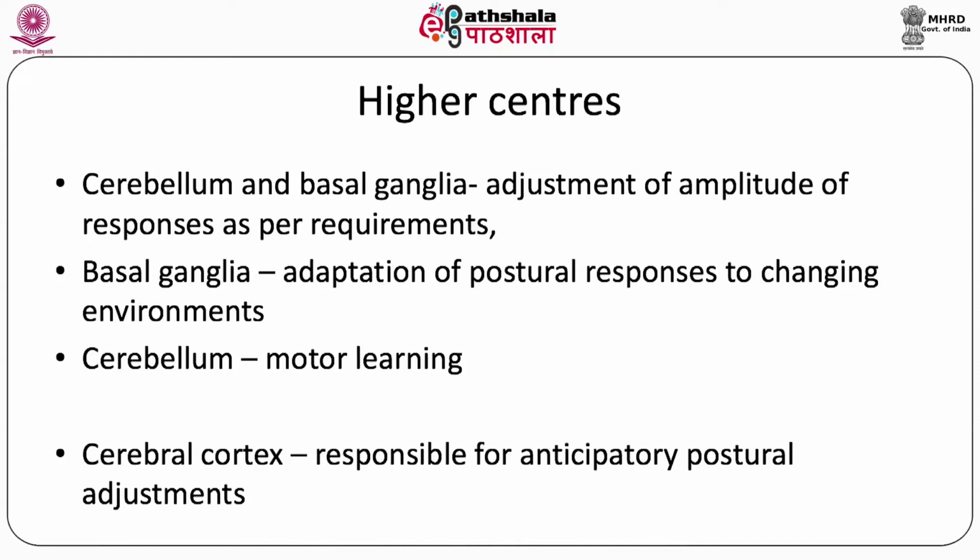Now, if you see the motor cortices, the motor cortices contain a somatotopic representation of the various muscles of the body across the gyri, and it coordinates with the supplementary motor cortices to generate a motor plan. Now, the motor plan is transmitted to the muscles to perform the activity, and similarly a copy of the motor plan is also sent to the sensory centers which receive proprioceptive information from these muscles.